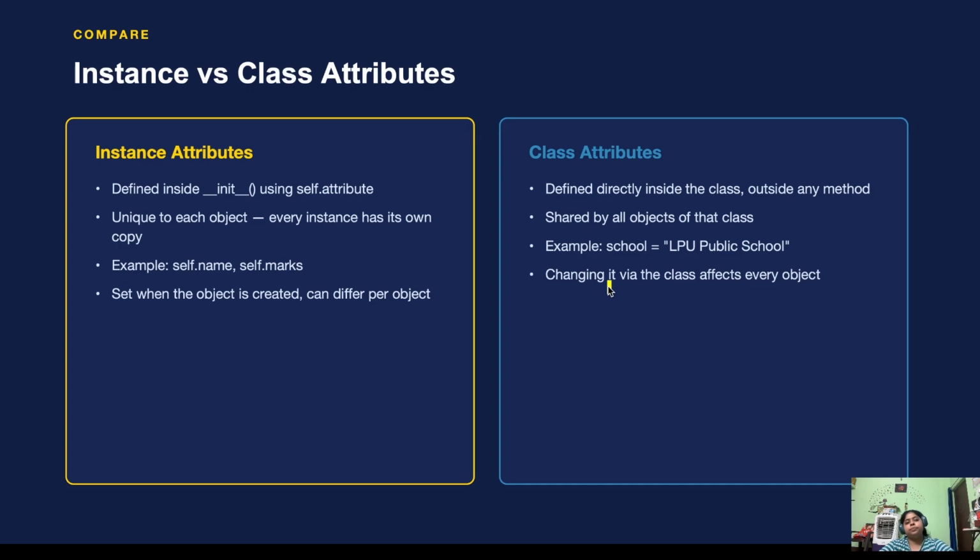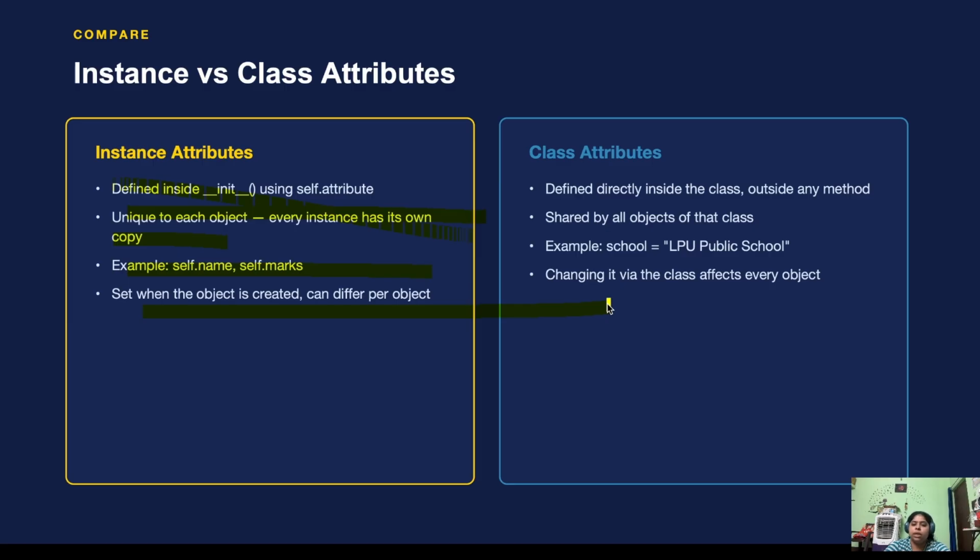Next, talking about instance versus class attributes. Instance attributes are defined inside the initializer, used for each object, every instance has its own copy. Then you write self.marks and you get it on its own, you just put the name of the instance. Set when the object is created, can differ per object.